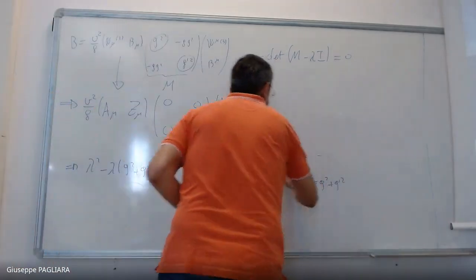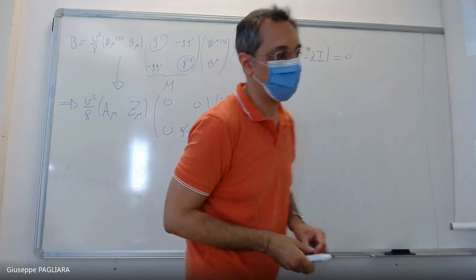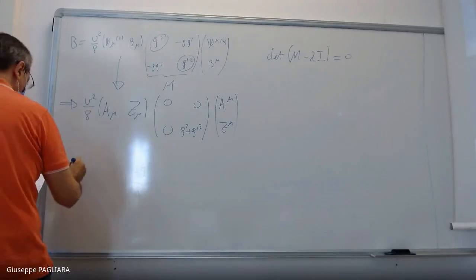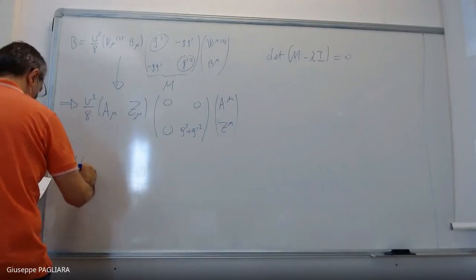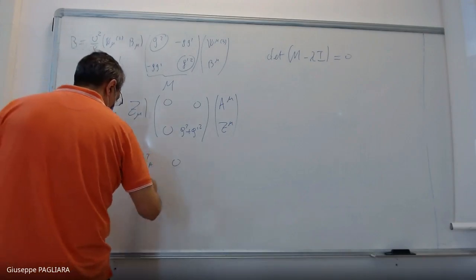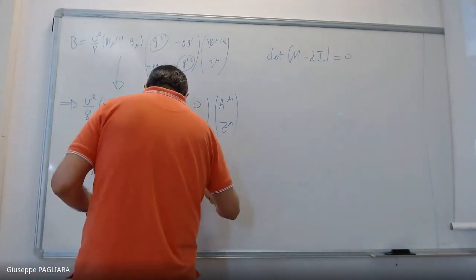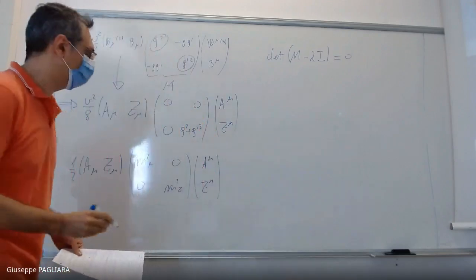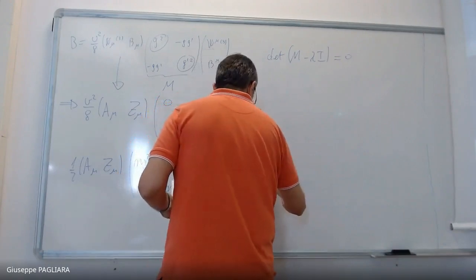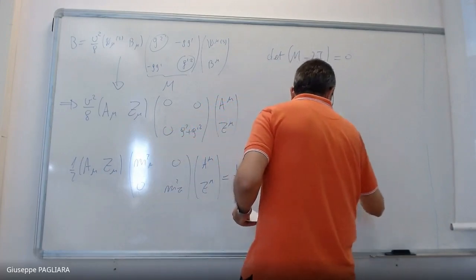Since we are now in the diagonal basis, the physical basis, this matrix has to be equivalent to 1/2 A_mu times m_A squared, 0, 0, m_Z squared, times Z_mu. Why? Because when we do this product, we obtain exactly 1/2 m_A squared A_mu plus 1/2 m_Z squared Z_mu.